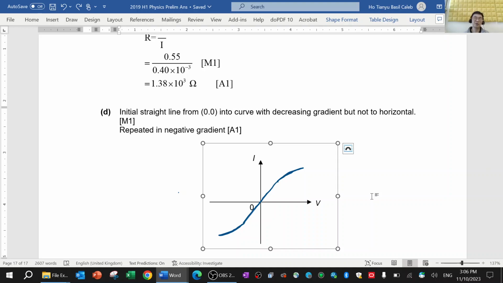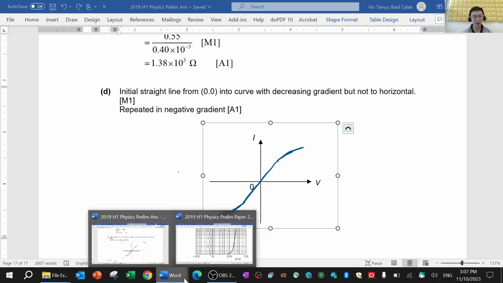You use a ruler, right? So if I remove this, you can see that there's a straight part which I penned over, right? Just so that it's consistent. Okay. Right. So these two parts, a straight part and then a curve. Why is there a straight part though? That's actually quite interesting. It's because when the voltage is low, right, the current is low, the energy used up in the lamp is very low, and therefore the filament lamp does not heat up.